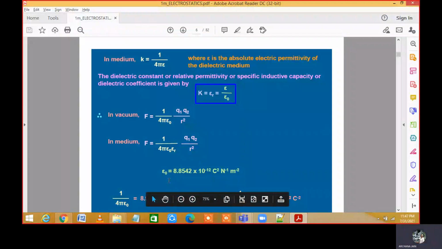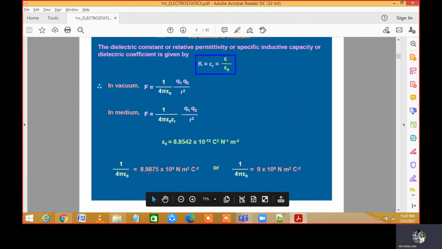The value of permittivity in free space is 8.8542 into 10 to the power minus 12 Coulomb square, Newton inverse meter to the power minus 2. For this, we take approximation also. 1 upon 4 pi epsilon naught is equal to 8.9875 into 10 to the power 9.